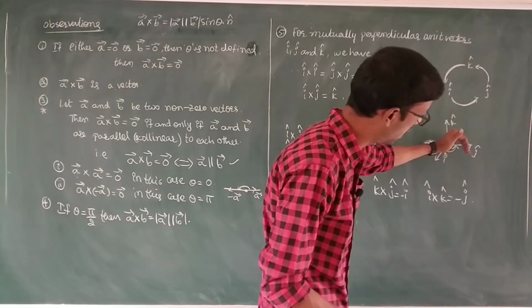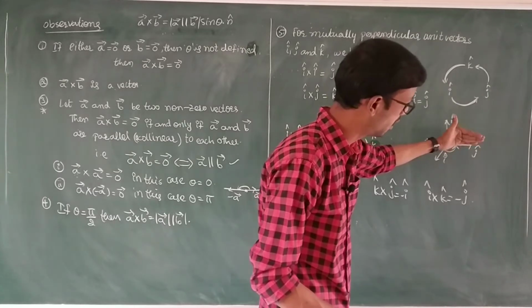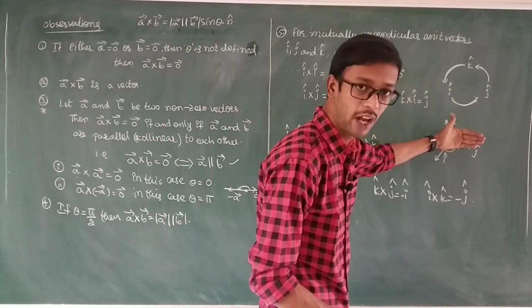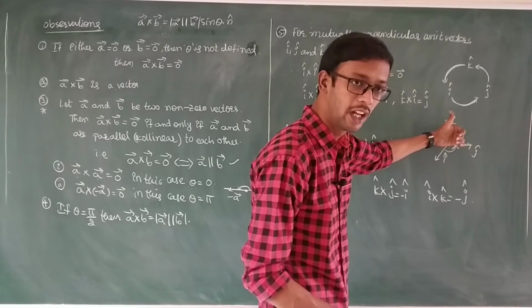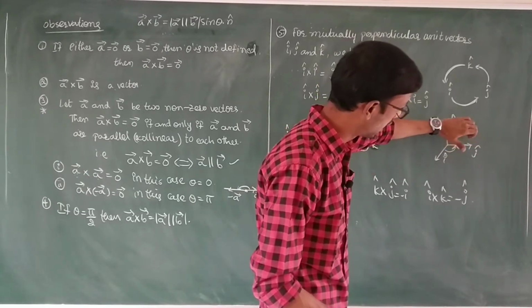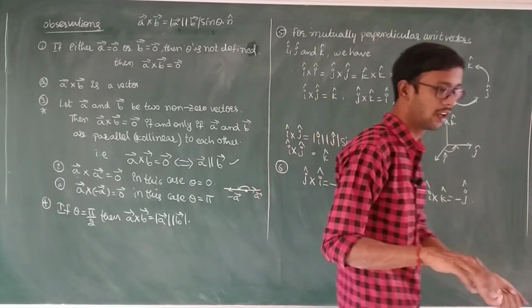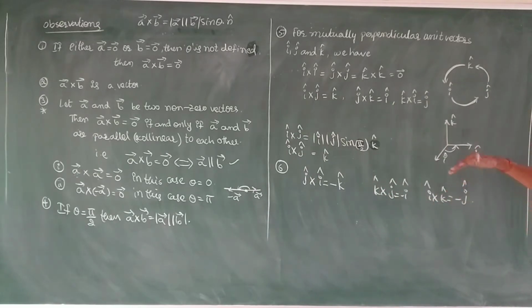Reverse, J to K we are rotating. From J to K we are rotating. Reverse will be here; in the right-hand system we have to take it here.